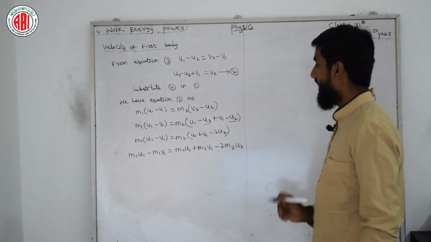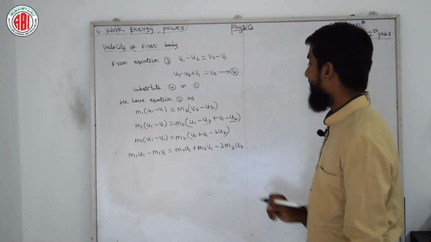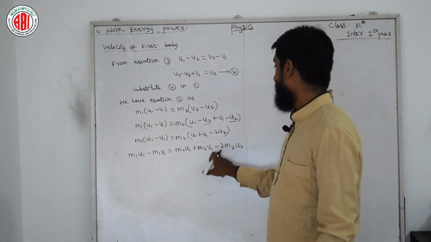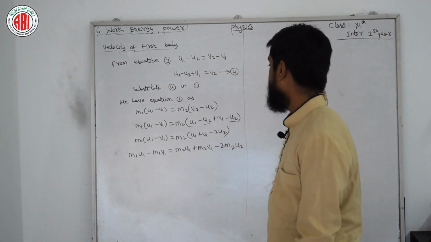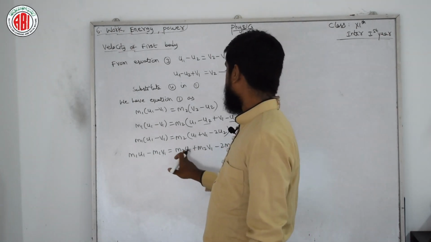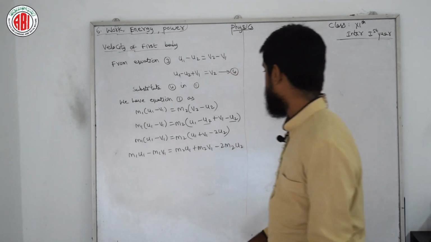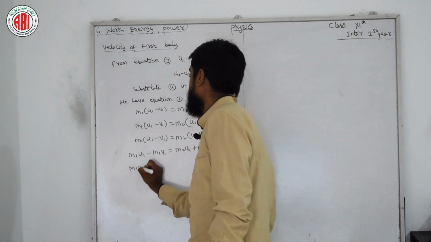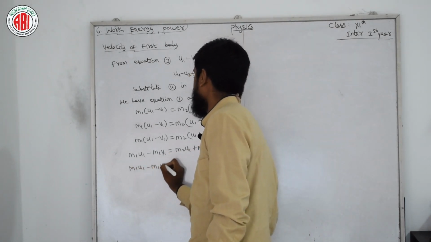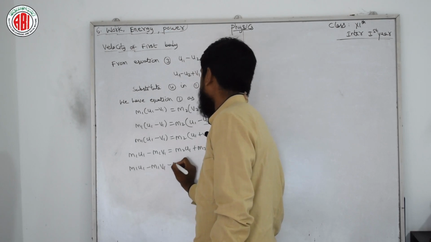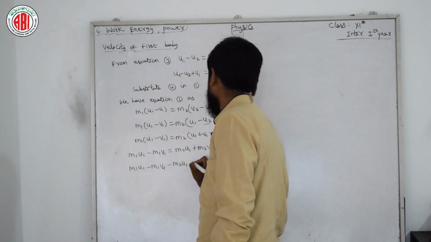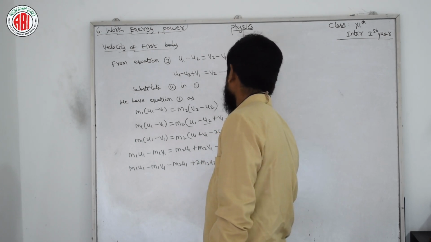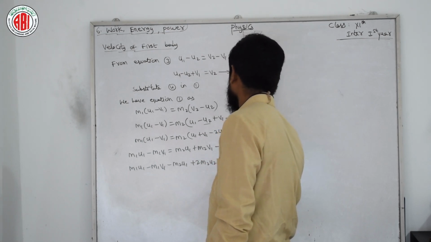I want only v1, so I send the minus 2m2 u2 to this side, where it becomes plus, and I send the m2 u1 term too. We get m1 u1 minus m1 v1 minus m2 u1 plus 2m2 u2 is equal to m2 v1.